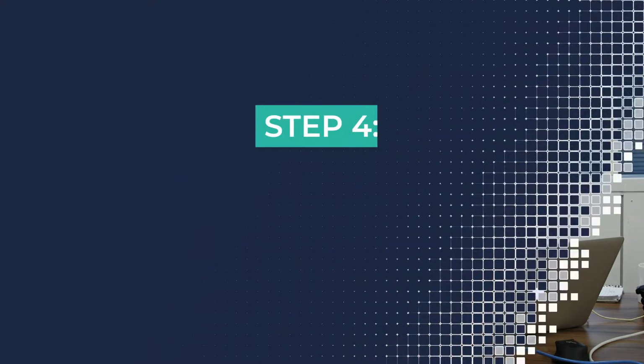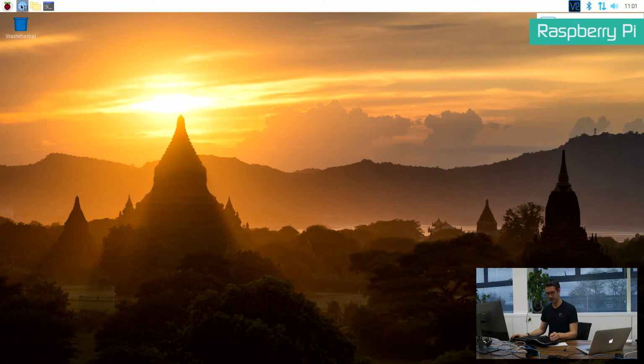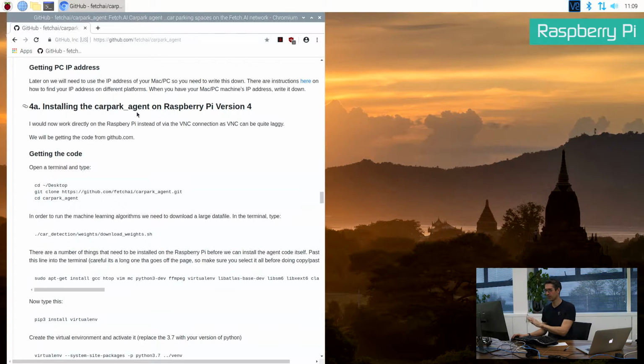So right, now we're going to go back to the Raspberry Pi, which should have rebooted by now. But I forgot to actually reboot it, so let's just get it to do that. Okay, let's get the instructions up again. So I'm using a Raspberry Pi 4, so that's the instructions for this.